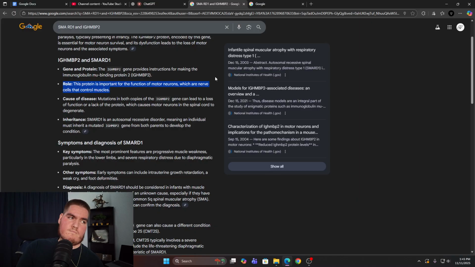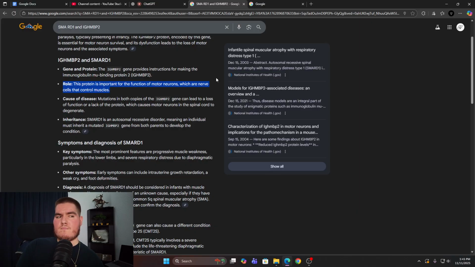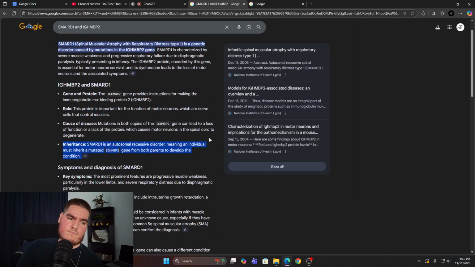The cause of disease part means that if both copies of the IGHMBP2 gene have mutations, the protein doesn't function properly, and that leads to the degeneration of motor neurons in the spinal cord. And finally, the inheritance part means that this condition is passed down in an autosomal recessive manner. That means a person has to get a mutated copy of the gene from both parents to actually develop the condition. If they get just one mutated copy, they won't show symptoms, but will be a carrier.